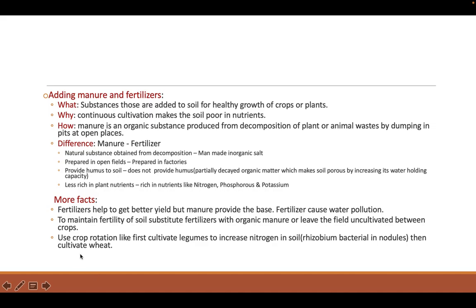Like after that, if you cultivate wheat, it comes in very good use. So this is one way; crop rotation is used to get better output from a single field.